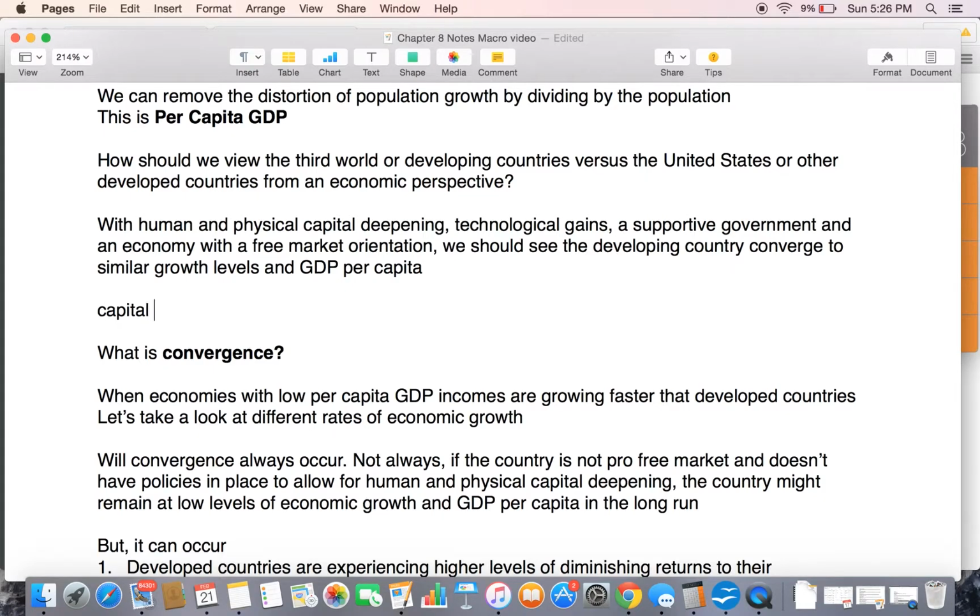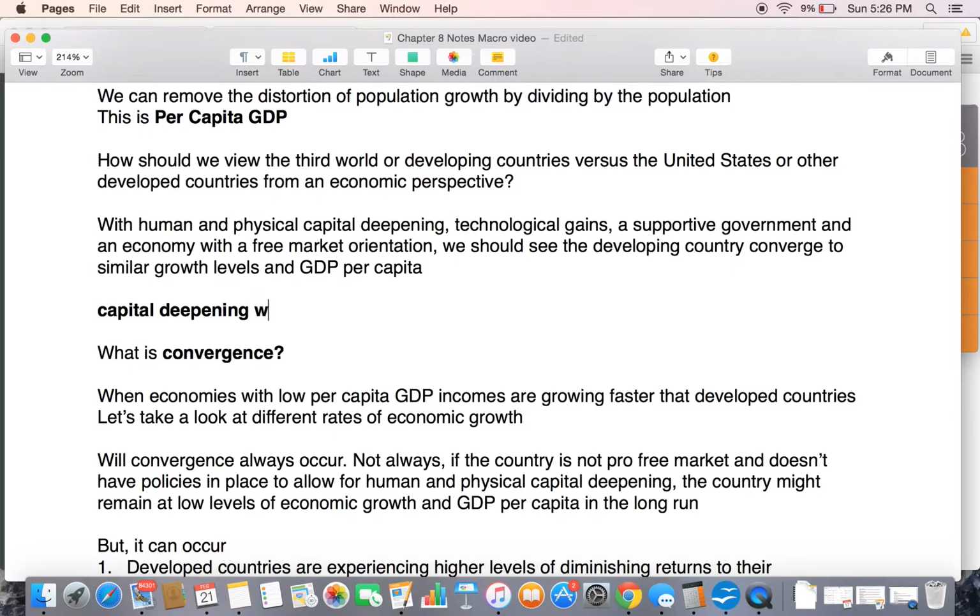So capital deepening is referring to the idea that an economy has a higher average level of physical or human capital per person.